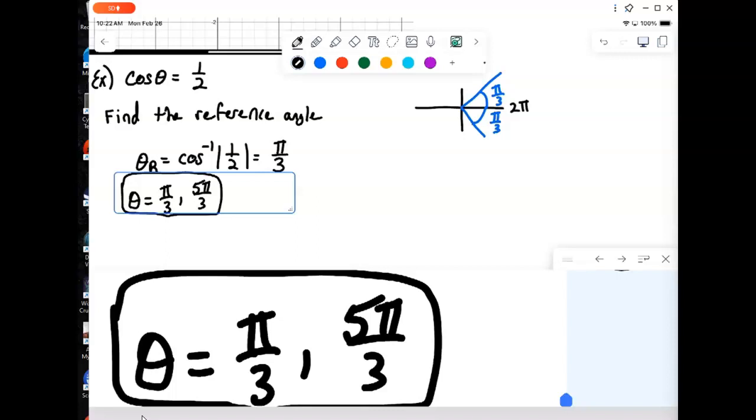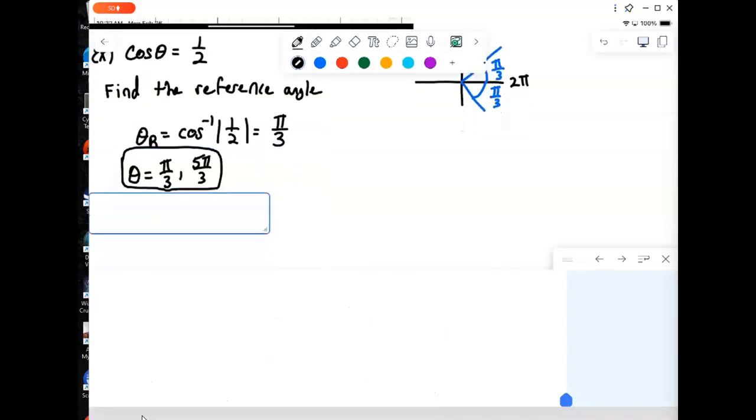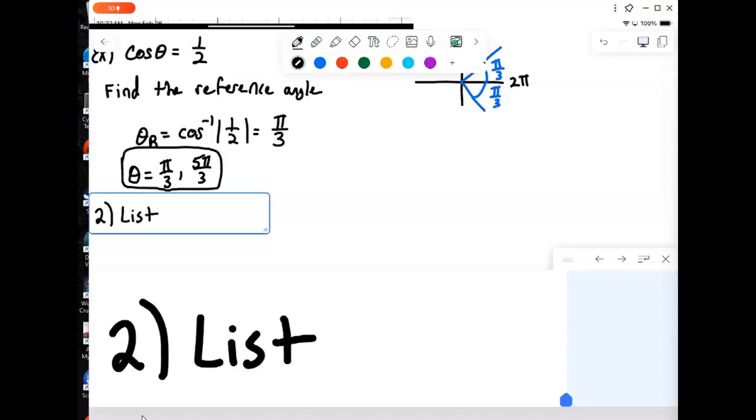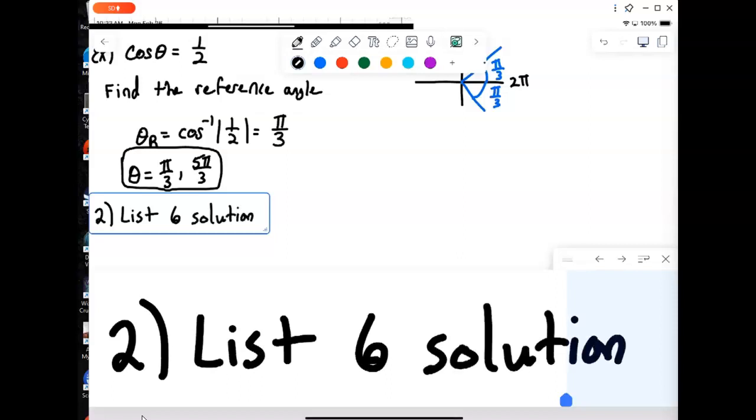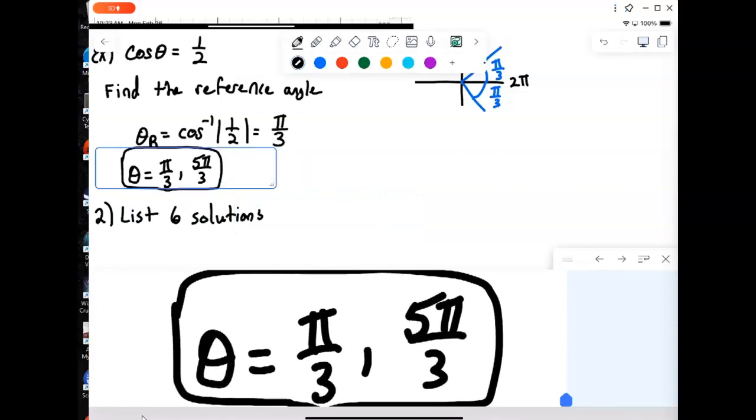The second thing we're asked is to find all the solutions, or list out a certain amount of solutions. In this example, we might be asked to list 6 solutions. We already have 2, right? Pi over 3 and 5 pi over 3.